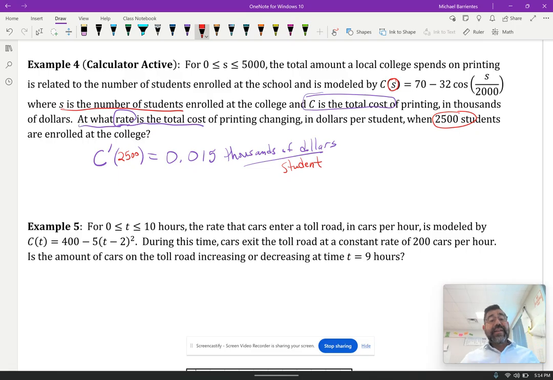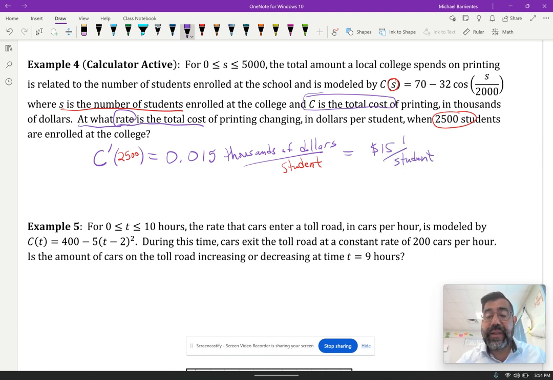So you could leave it like this, right? C prime of 2,500 is 0.015 thousands of dollars per student. Or if we're talking about thousands of dollars, then multiply this by 1,000, and you're going to get $15 per student.